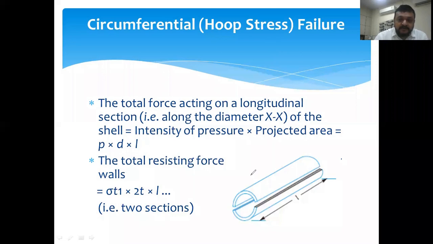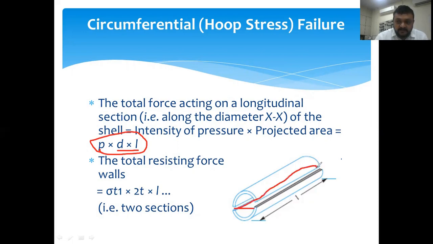As per the figure, the circumferential stress is acting along the longitudinal section due to pressure P. So pressure force is equal to fluid pressure into the area on which the fluid is applying the force, that is, diameter D into whole length L.